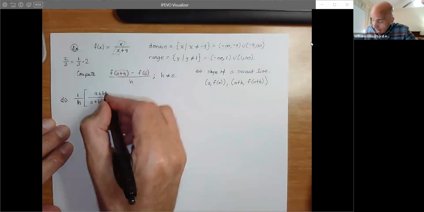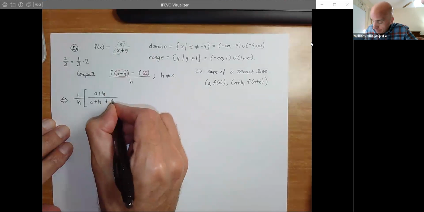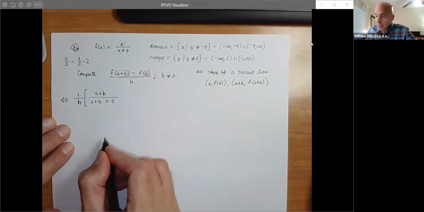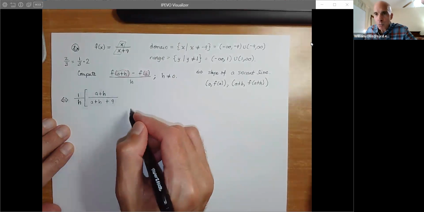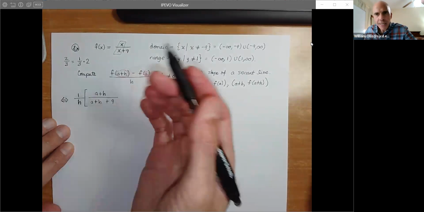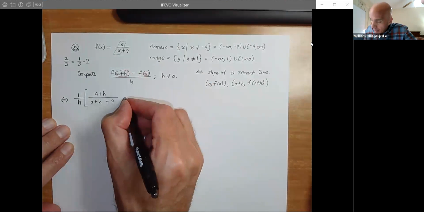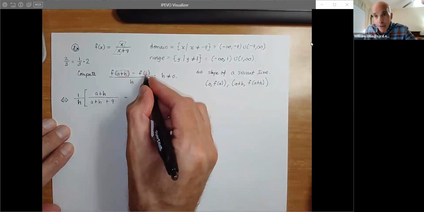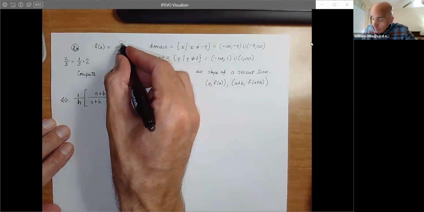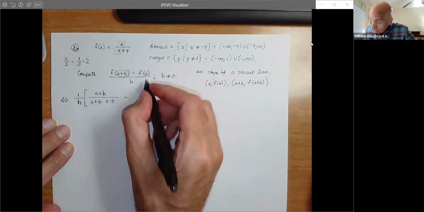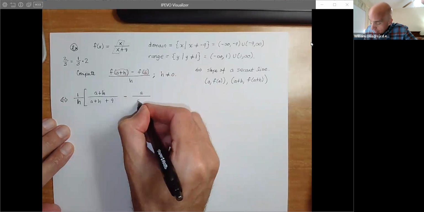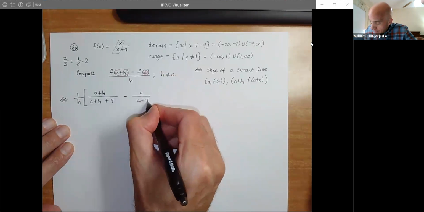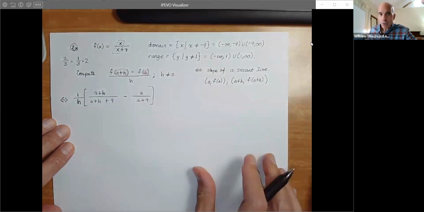And then, of course, the 9 is just part of the formula right there. Okay? Now, if you don't like a and h, you can change it to any letters you want. It doesn't matter. These are just convenient letters. Now, minus, this says f of a. So everywhere we have an x, we replace it with a. So we get a divided by a plus 9. There. Okay?